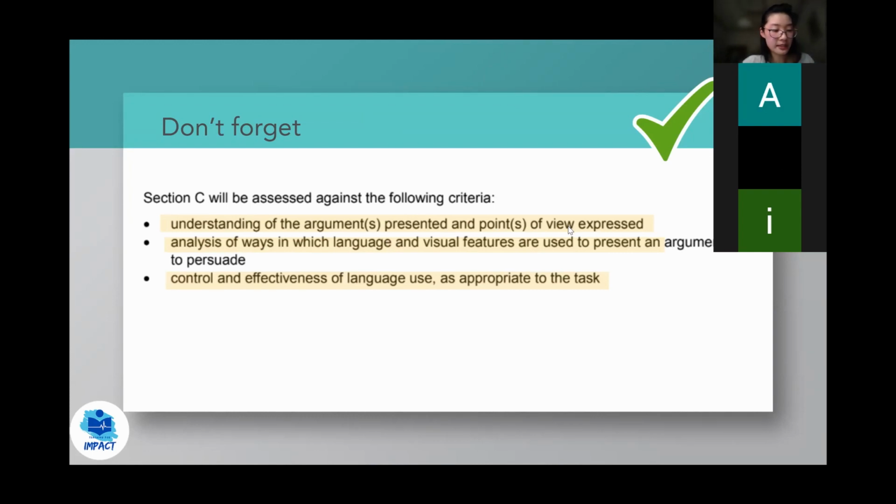I've got some key places that really showcase this. So your contention in your introduction, and also your topic sentences in your body paragraphs, your linking sentences, and the purpose, which is woven in everywhere as much as possible.